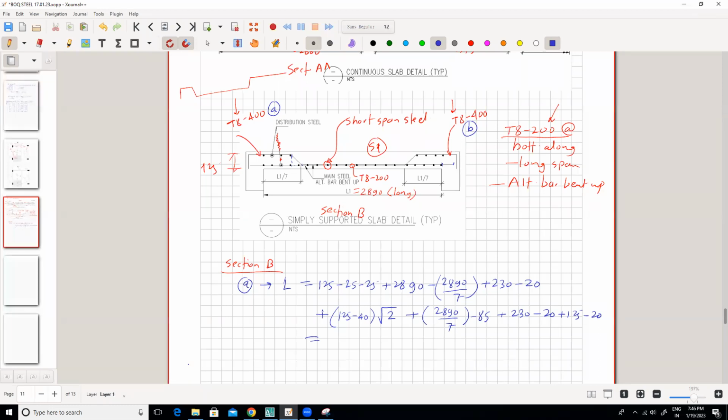Sir, what's root 2, sir? This is 45 degrees, right? If you calculate this diagonal length by trigonometry, you know this dimension, this is 125 minus 40, this is the height and both are the same.